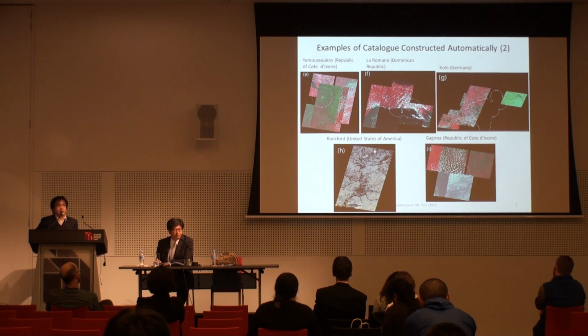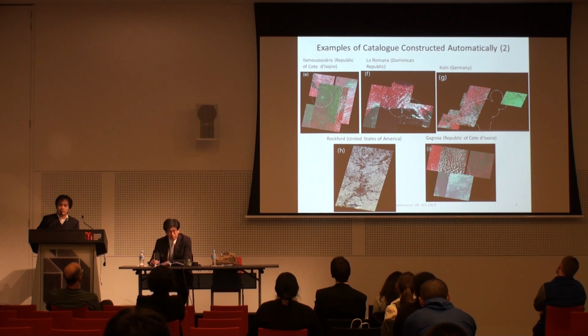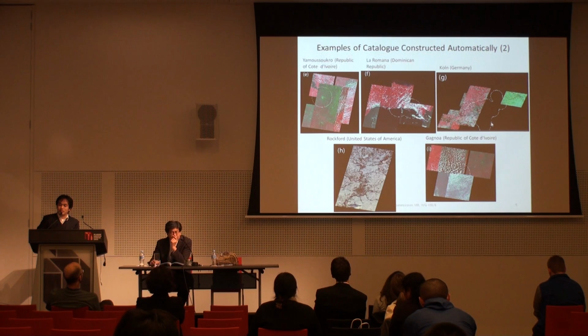This is also a good example of the result. These are not good results. For example, Yamoussoukro has bad images with haze. Also, La Romana is densely cloud contaminated. And also, in Keren, there is some part where no satellite data is identified.